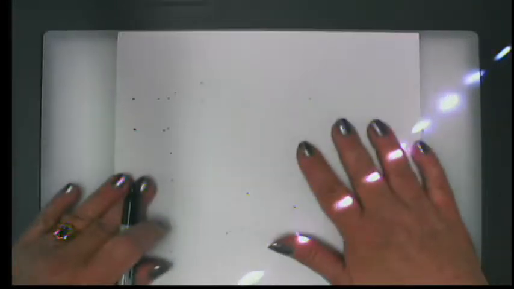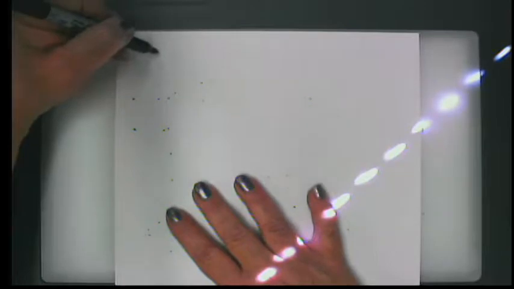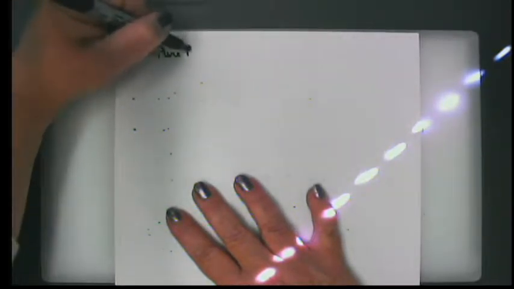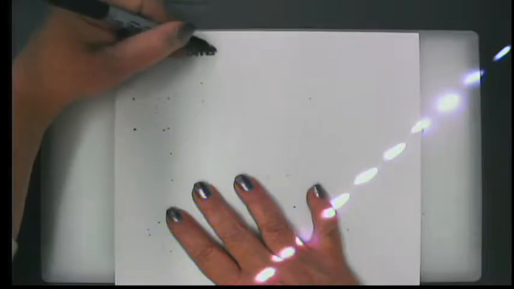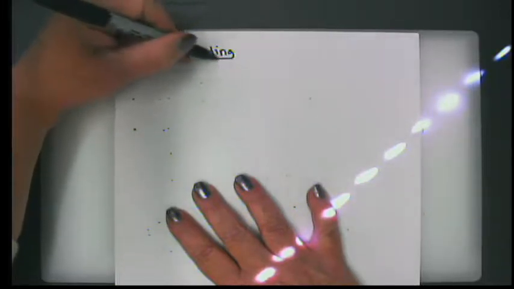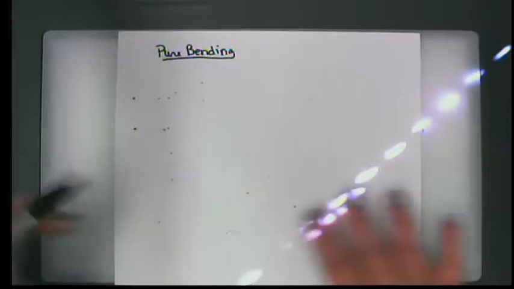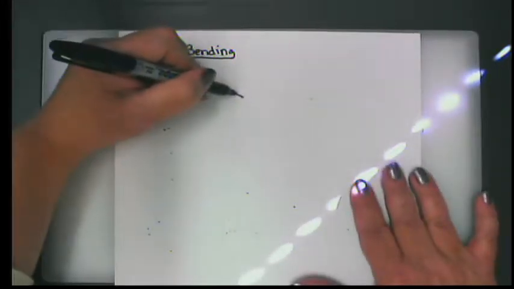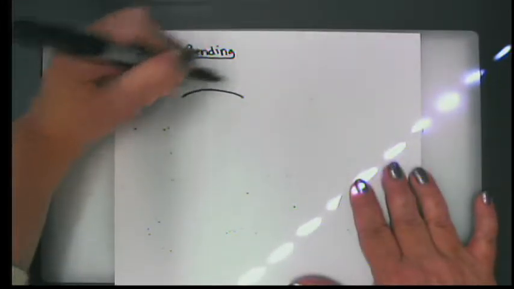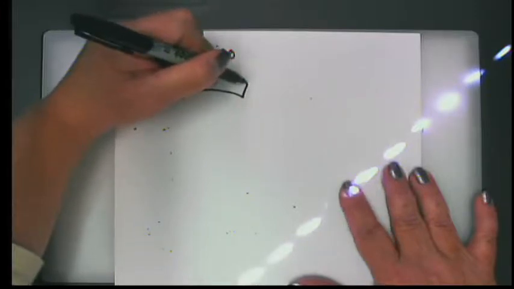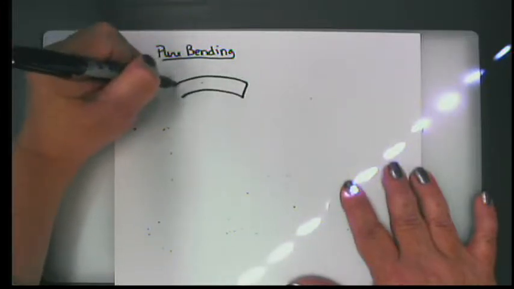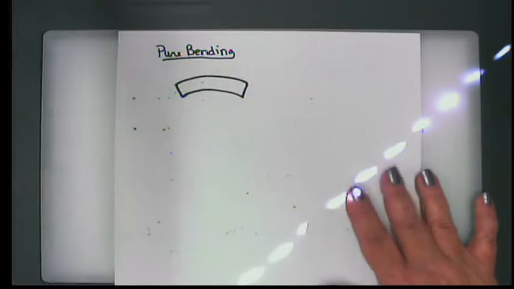All right. So first of all, let's talk about this idea of pure bending. When we talk about pure bending, what we are talking about is isolating a particular type of deformation. There are a couple of examples given in your textbook.